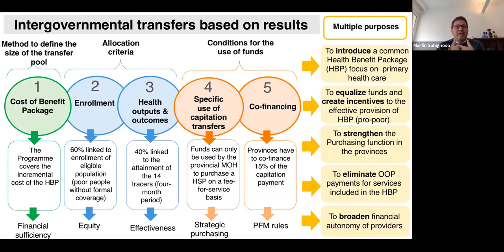It has been an excellent tool to equalize funds and to create incentives that are aligned to health goals with a focus on the poor population. It has strengthened the purchasing function within the provinces. It has eliminated out-of-pocket payments for those services that are included in the benefit package, and it has broadened the financial autonomy of providers.